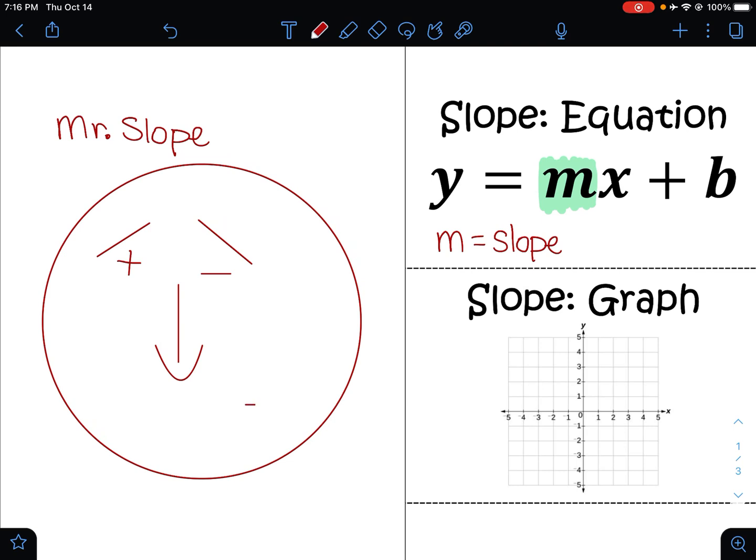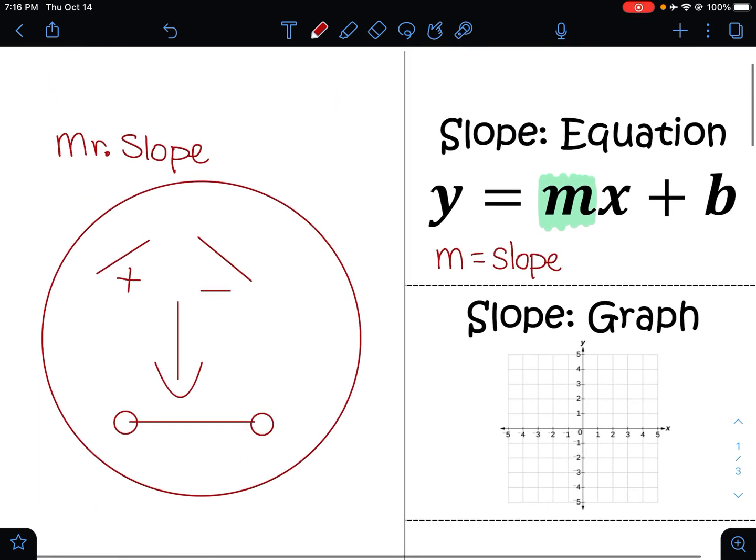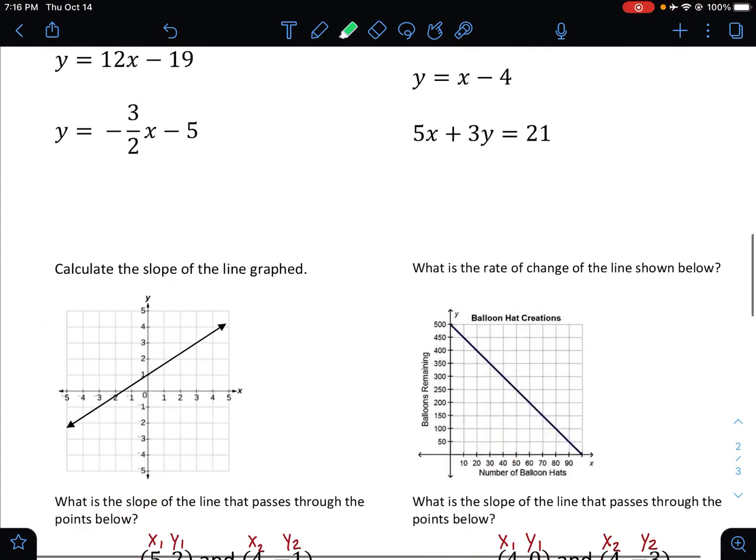And then we have our zero slope right here. This is what we can use to help us remember positive, negative, undefined, and zero. This is Mr. Slope.